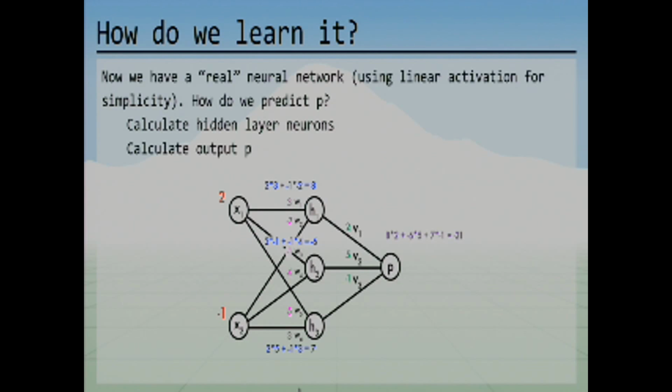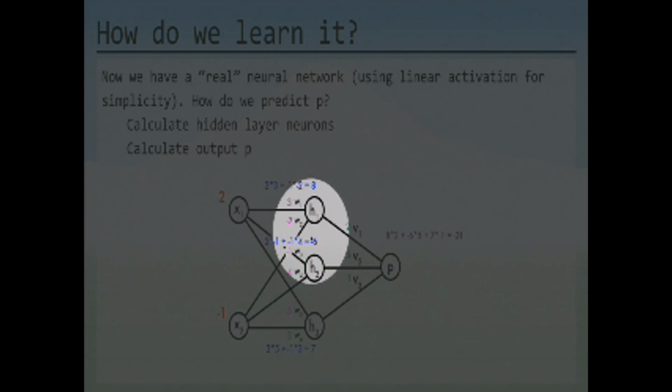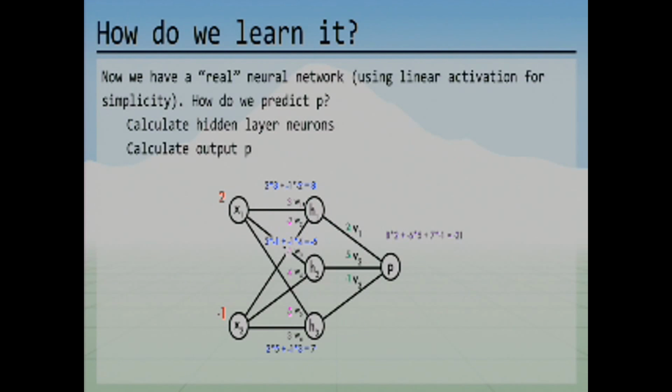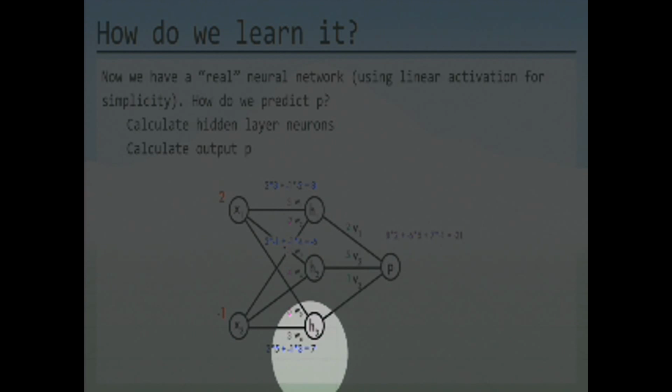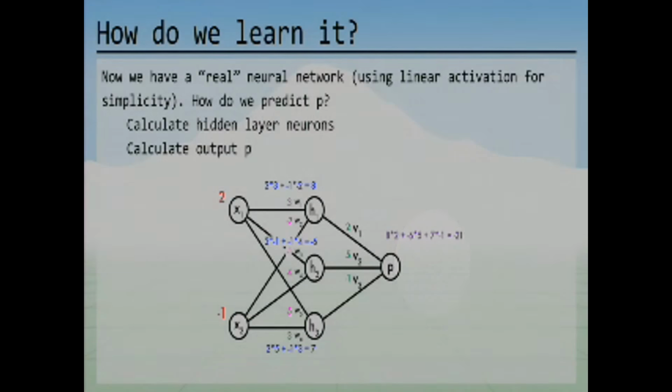And then we're going to take our hidden layer and propagate the information forward one more time, where we multiply the hidden layer neurons by the weights that come out of our hidden layer and connect to p. And again, we have 8 times 2 plus -6 times 5 plus 7 times -1.